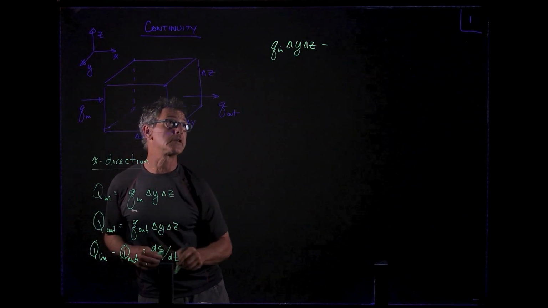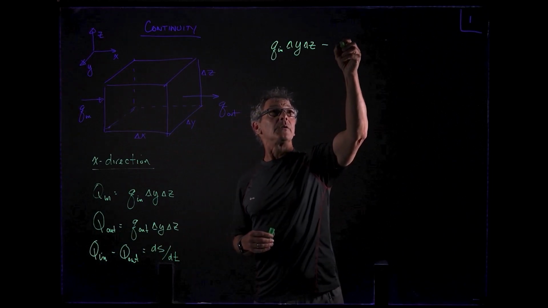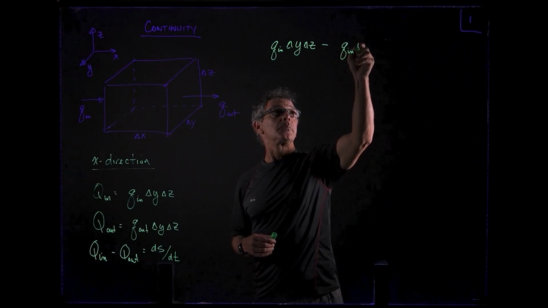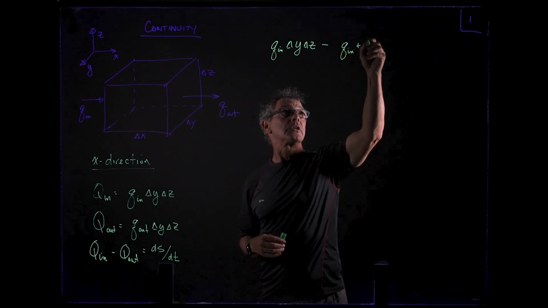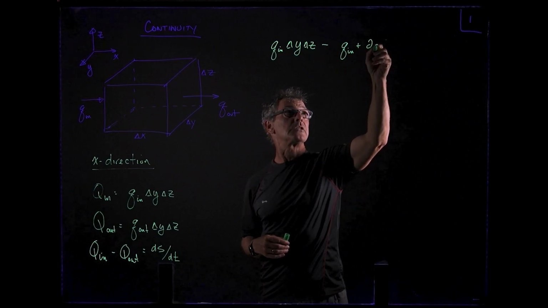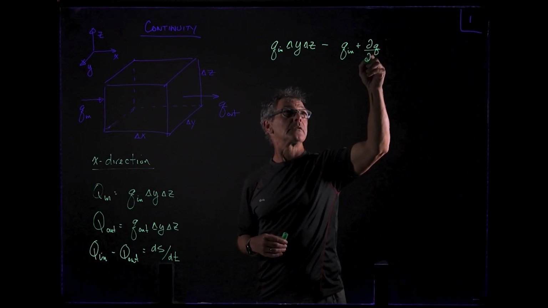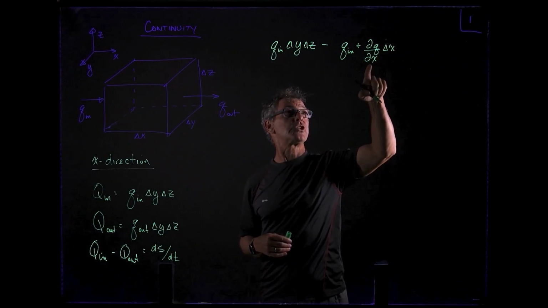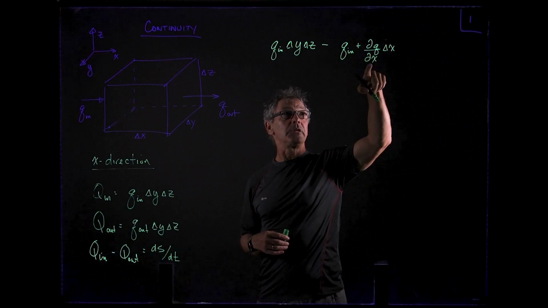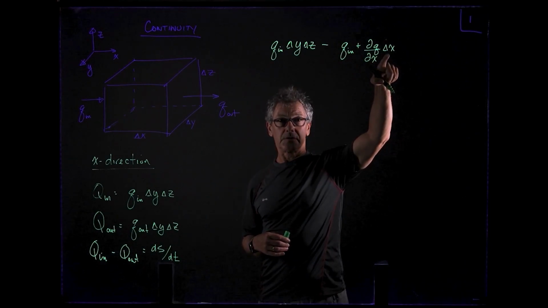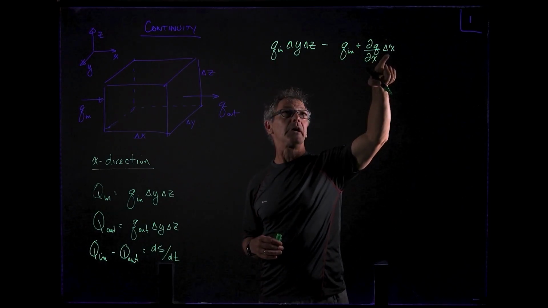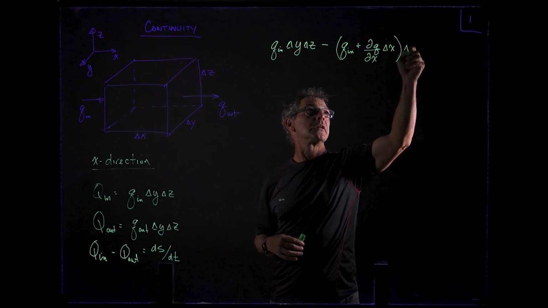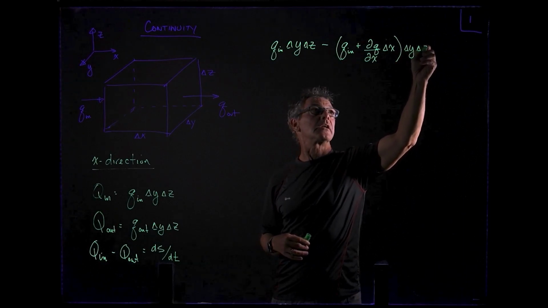So then Q out is actually going to be Q in plus the rate at which that flux is changing, right? So dq dx times delta x. So it's changing at a rate of dq dx, and it's changing over a distance delta x. And then we're going to multiply that times delta y delta z again.